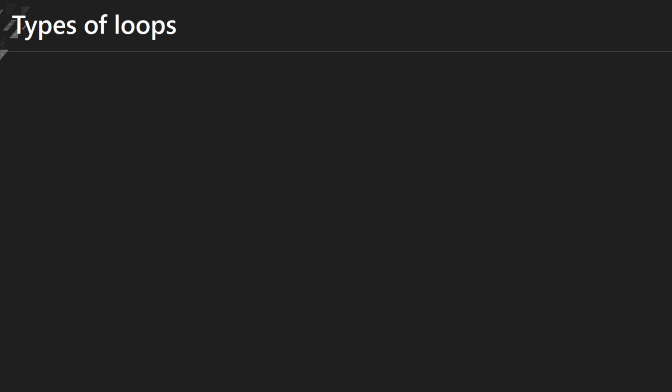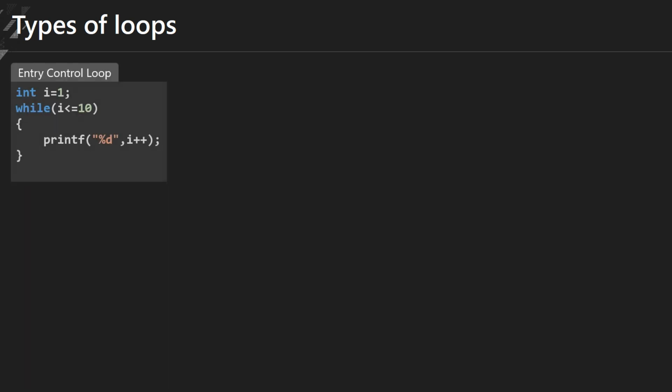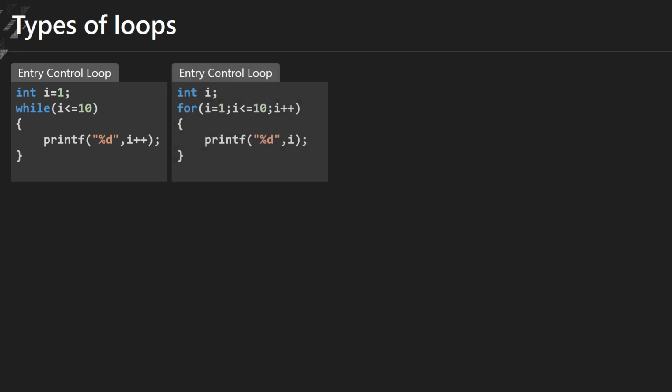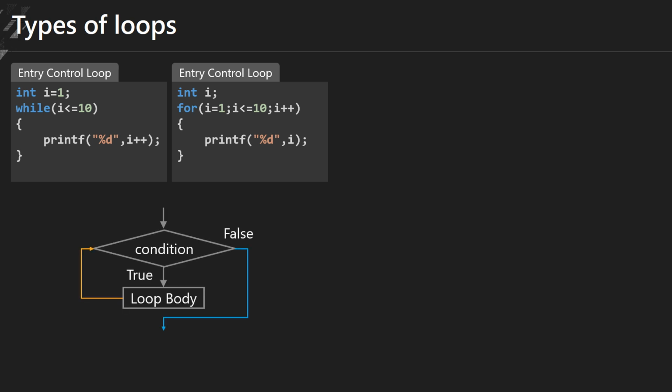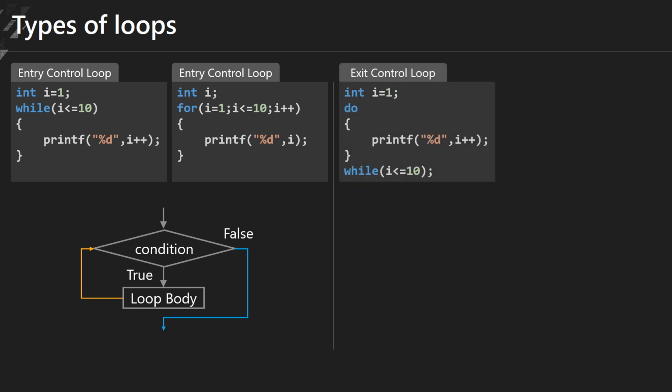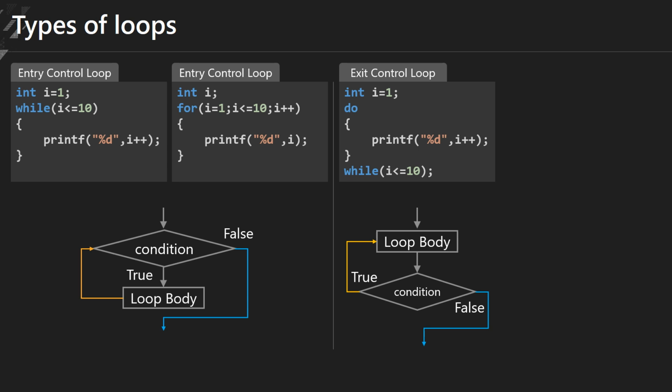So we have learned different looping statements. Let us recap once again. The entry level control loop is the while loop, and another entry level loop statement is the for loop. The flow chart remains the same for both. Then there is the exit control loop, whose flow chart will be different.